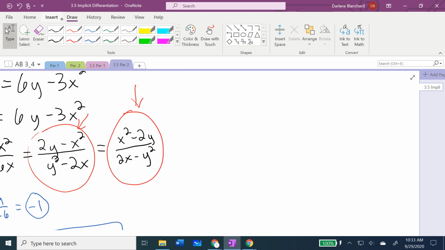Now, I know that I need to set the slope equal to 0, right? Tangent line is horizontal when the slope is equal to 0. And really, that just means when the numerator is 0 and the denominator is not 0.